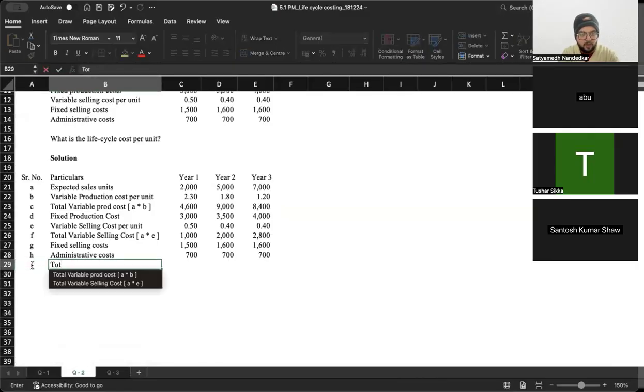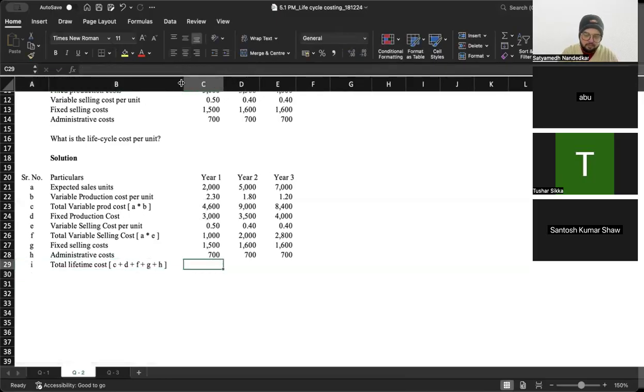Okay. So total lifetime cost. It will be row C, variable cost, plus row D, fixed cost, plus row F, that is variable selling cost, not C plus D plus F plus G plus H. C plus D plus F plus G plus H. This total 45,100, 14,000.